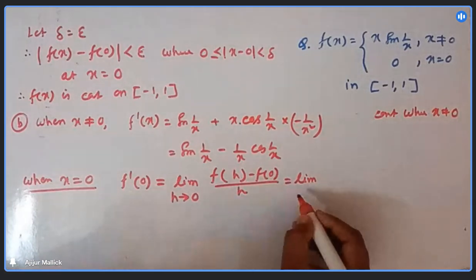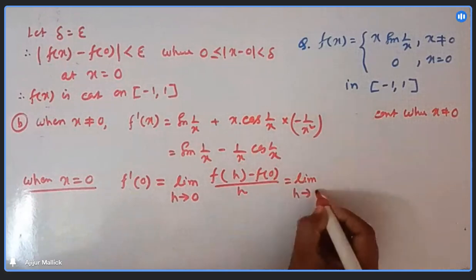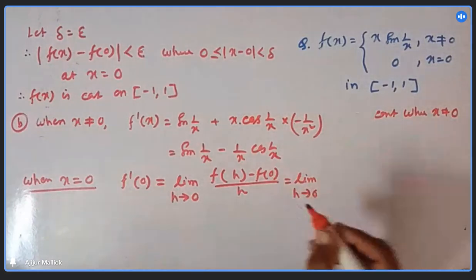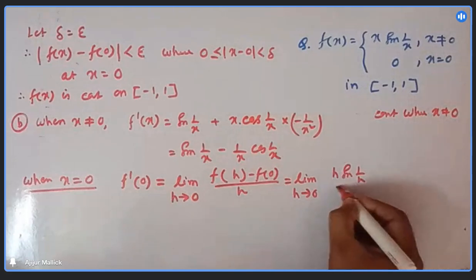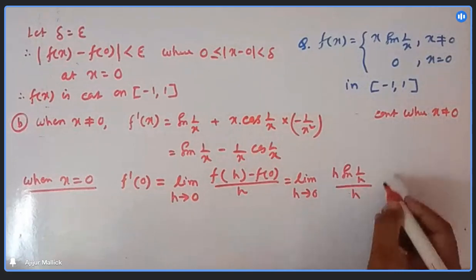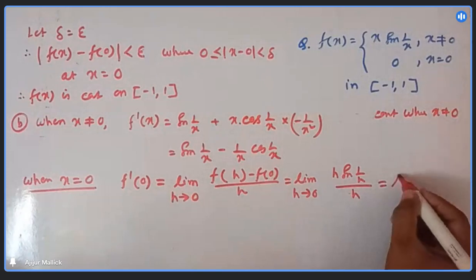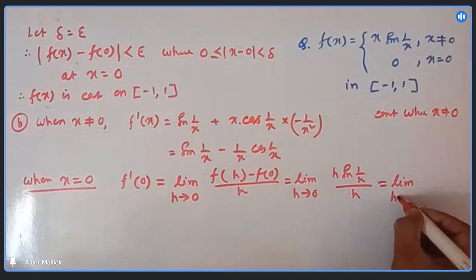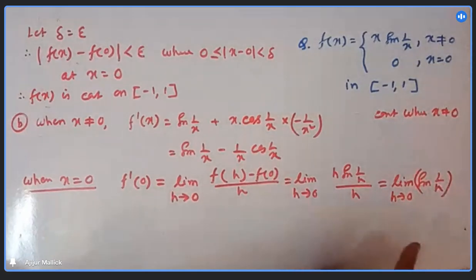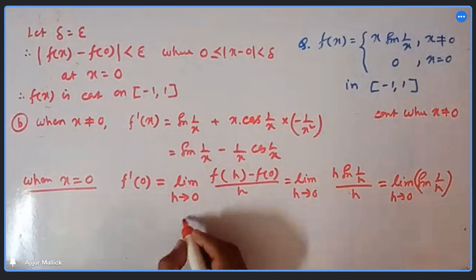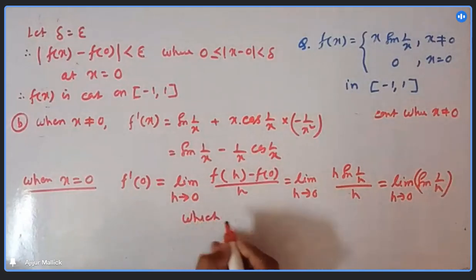This is equal to limit h tends to 0 of h into sine 1 by h, divided by h, that is limit h tends to 0 of sine 1 by h, and this value does not exist.